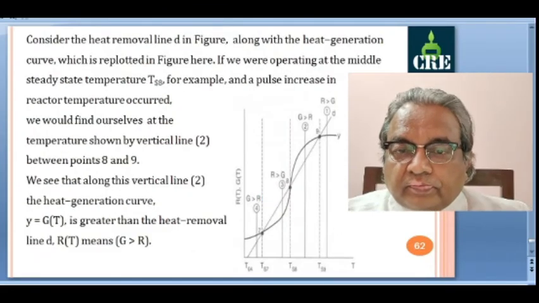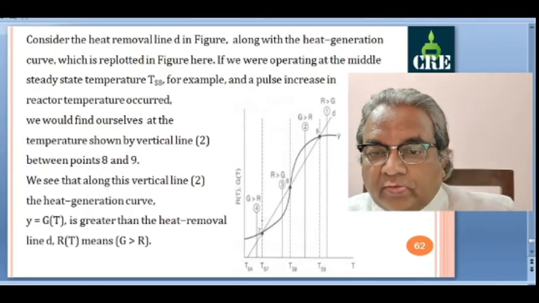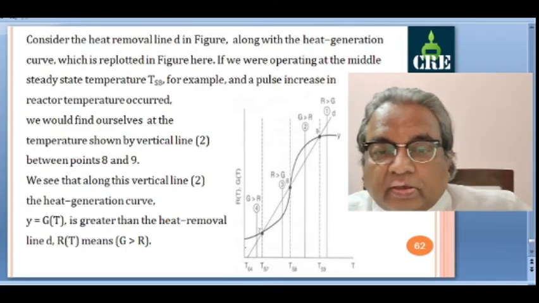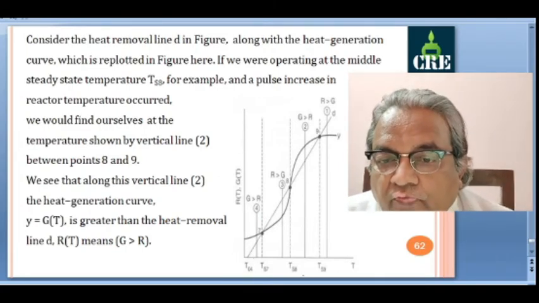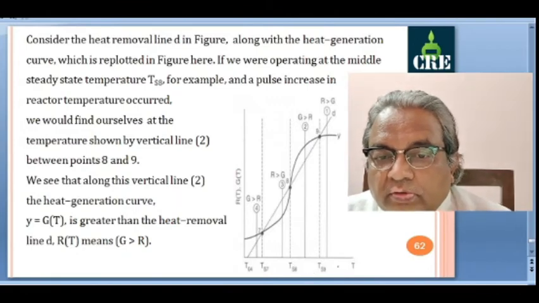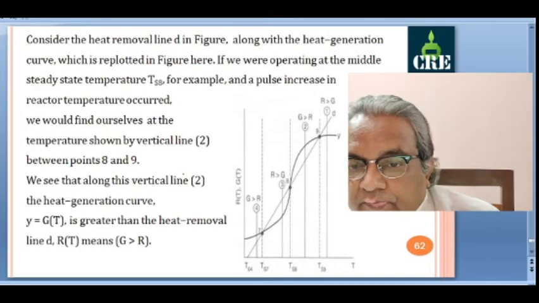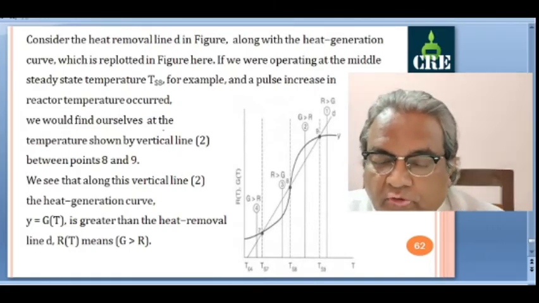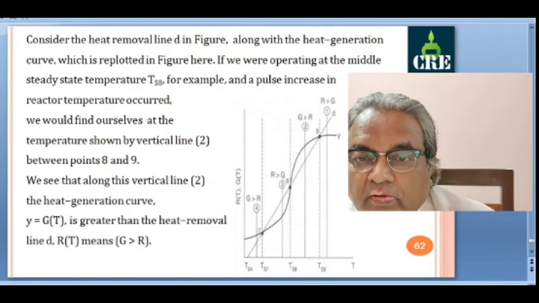Now here again we will discuss the removal term and generation term plotted on the same plot, and here we have these temperatures and corresponding values of steady state have been shown.